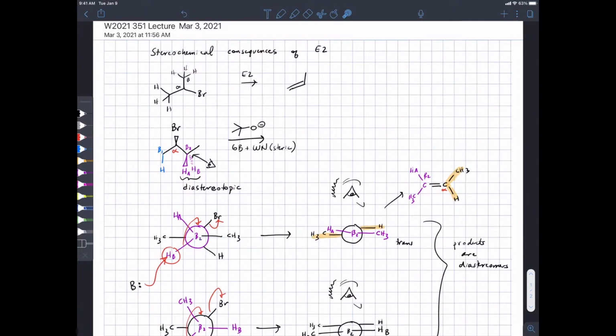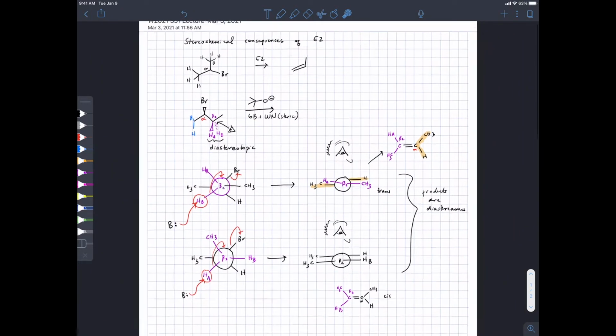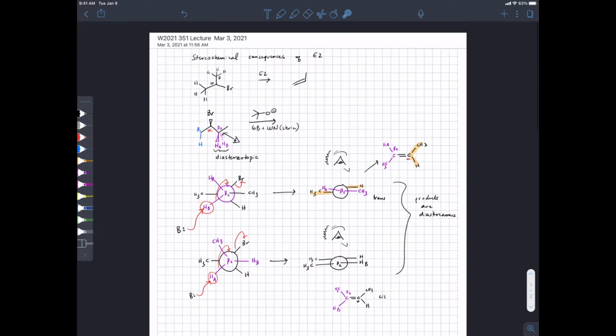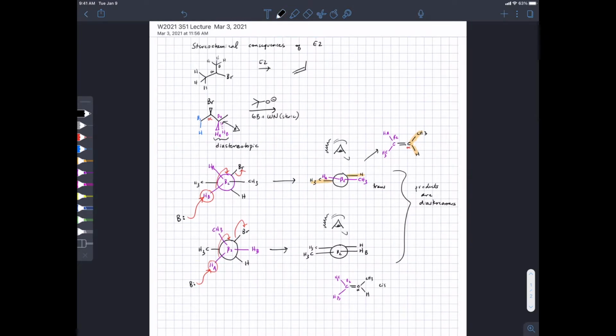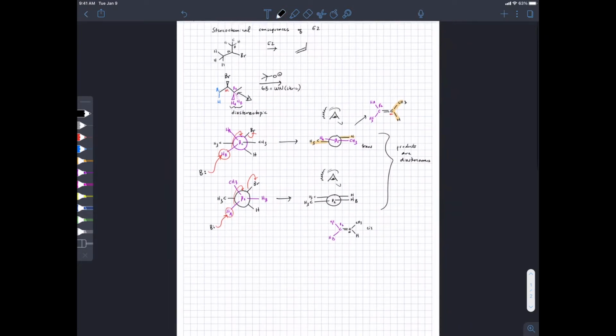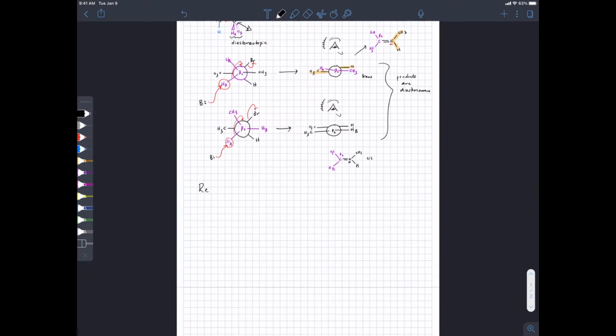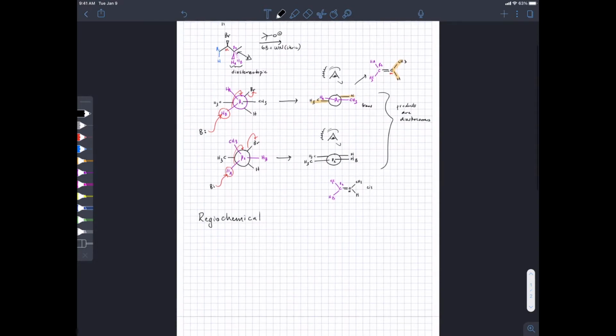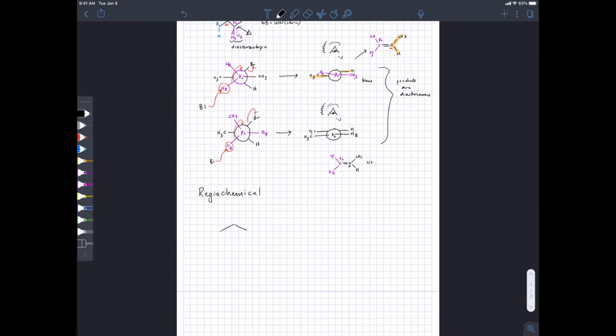We've identified two products, each from a different kind of beta proton, but we now have another kind of beta proton on a totally different carbon. This is not going to be a stereochemical consequence of E2. This is going to be a regiochemical consequence of E2. What does regiochemistry mean? Regioisomers are constitutional isomers. It's different connectivity.